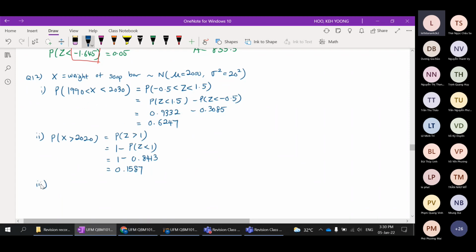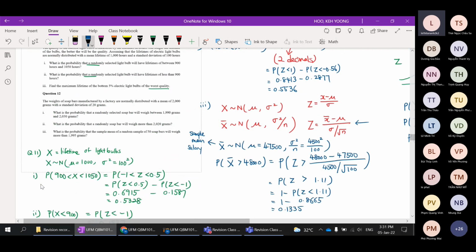Question 3 is the probability for a sample mean of a random sample of 50 bars. So this is the sample mean weight. For these questions, you're looking for the probability that the sample mean weight will be more than 1995 grams.